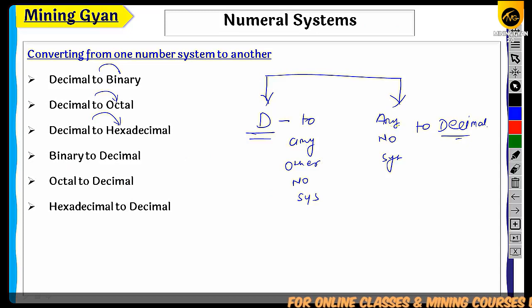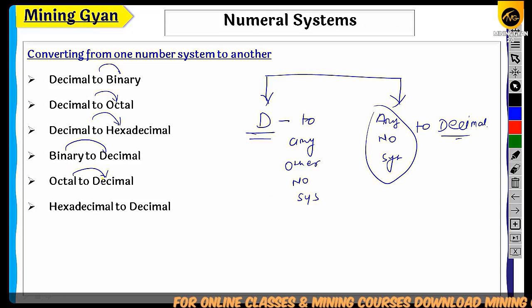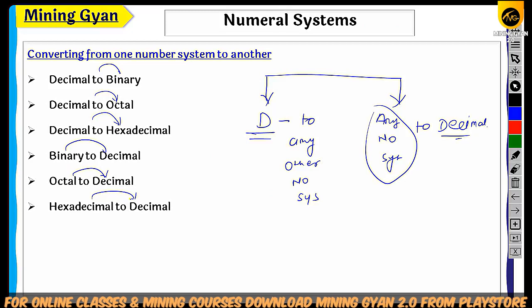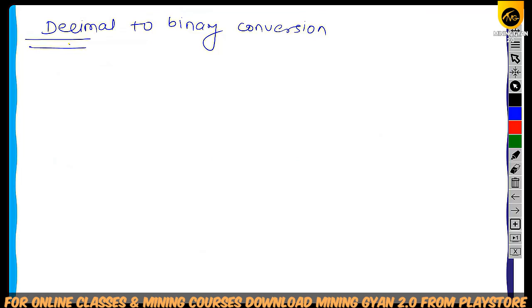And second is any number system to decimal, that means binary to decimal, octal to decimal, and hexadecimal to decimal. Okay, these are the conversion operations. The first conversion process is decimal to binary.